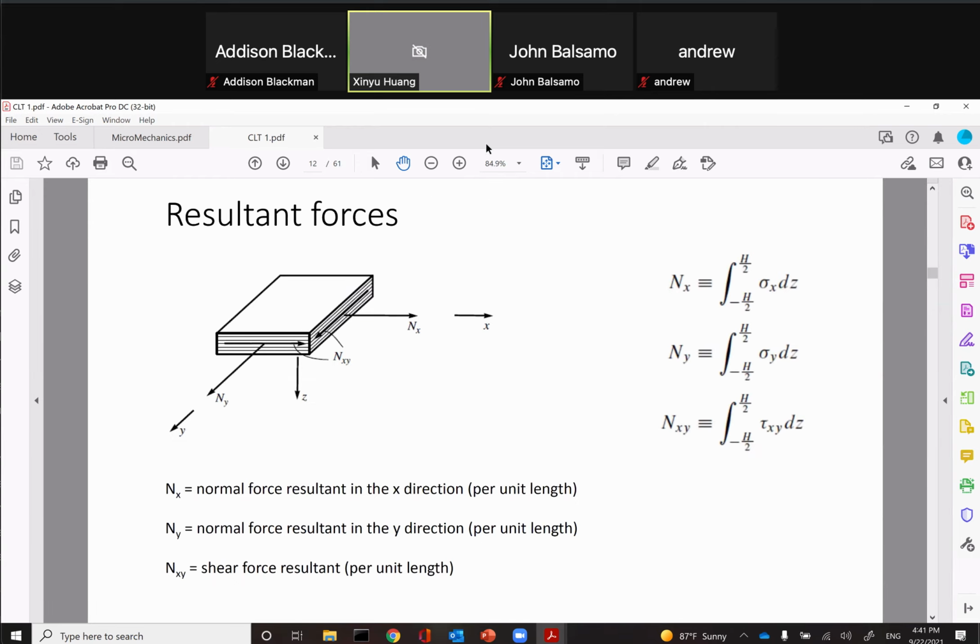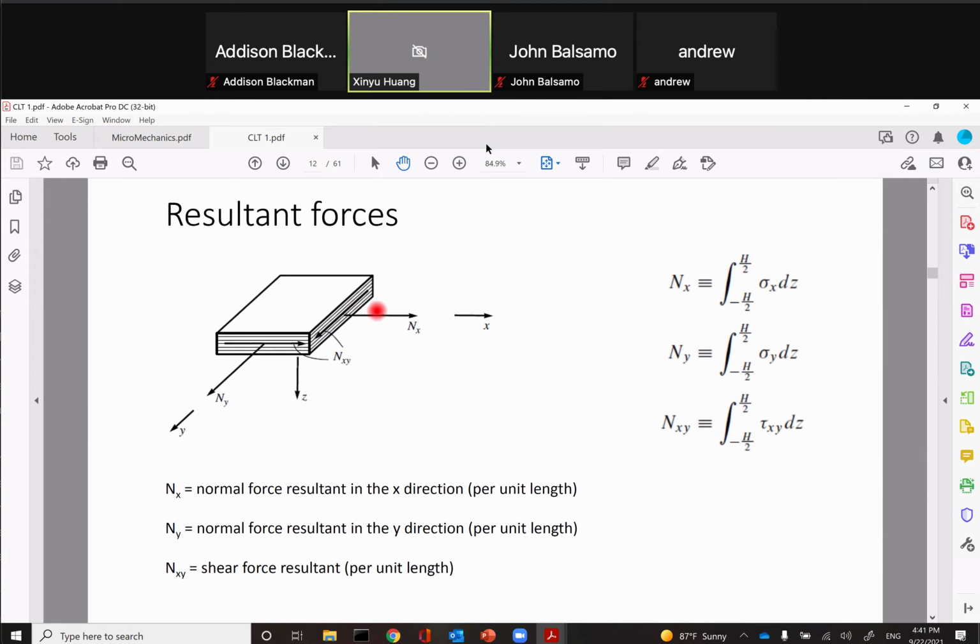All right. Let's get the resultant force. This is a measure of loading. If you cut a material element out of a plate, you look at all the forces, all the stresses in each layer. Let's say you look at all the forces in each layer pointing in the x direction.